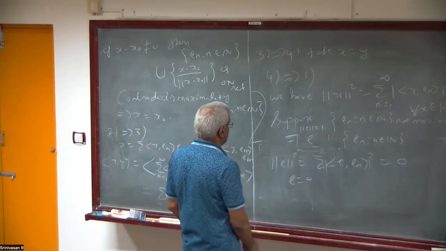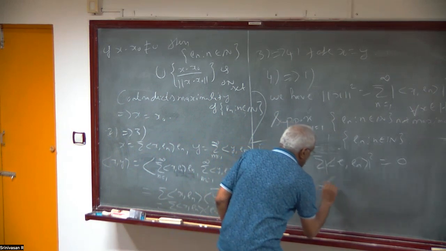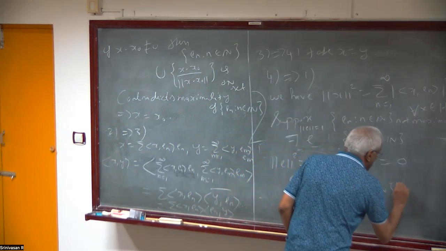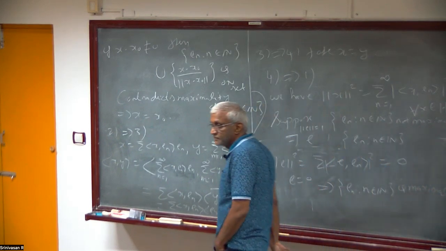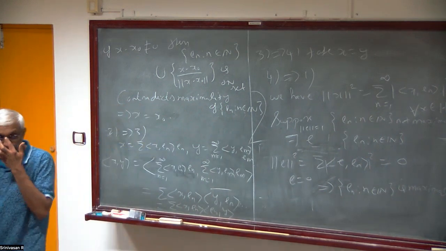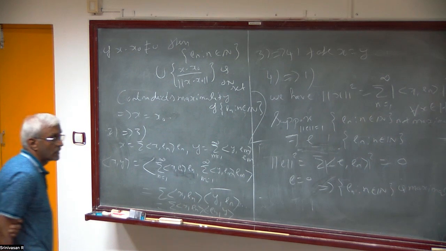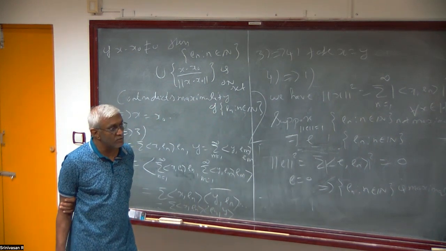So we get a contradiction. That's all. So En is maximal. Okay. So we have proved the proposition.